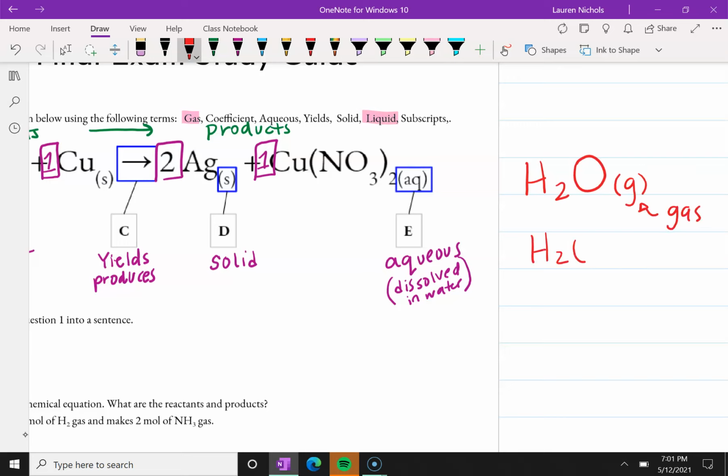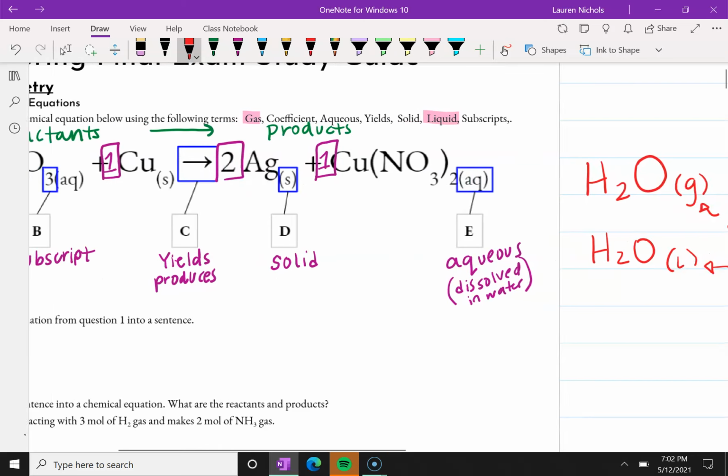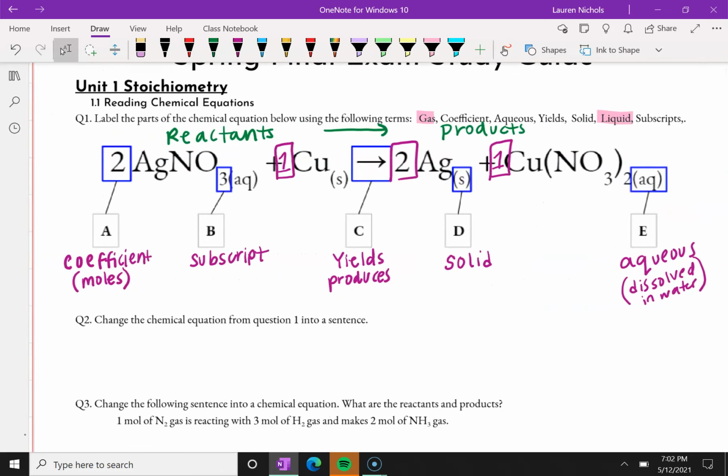If you were to see H2O with an L next to it, that L is telling you it's in the liquid form. So a parenthesis with a letter in a chemical equation is telling you about the state of matter: solid, liquid, gas, aqueous.